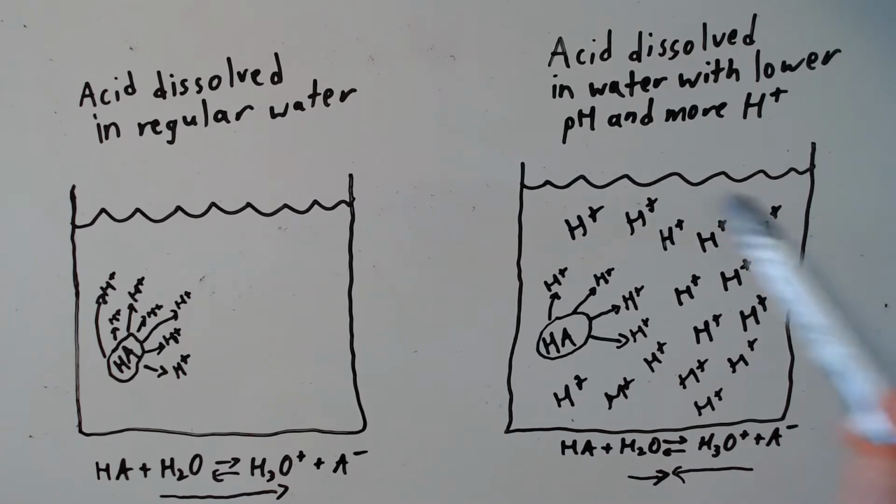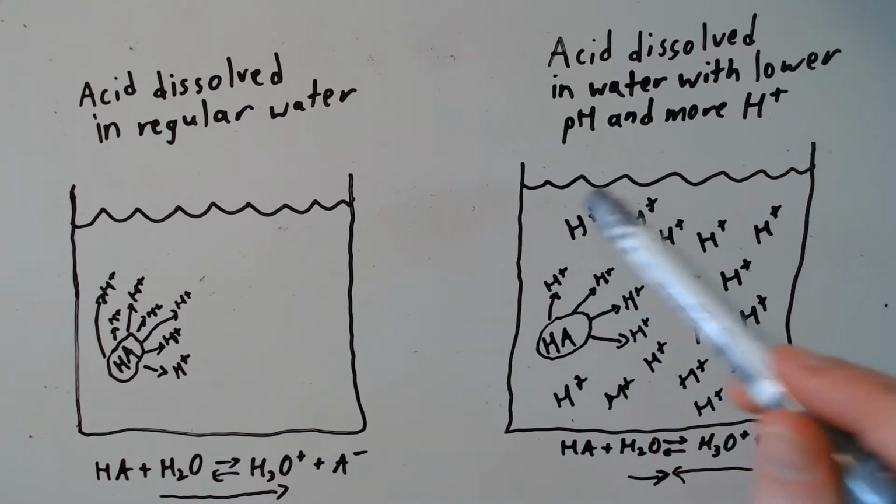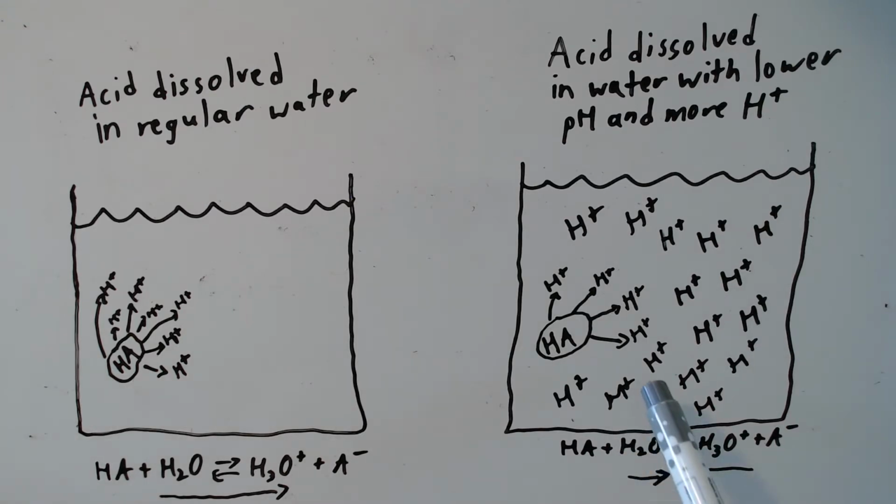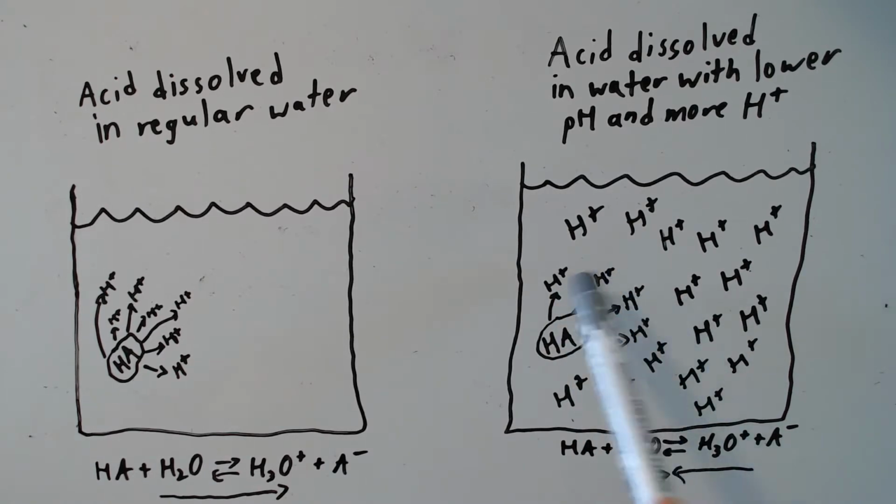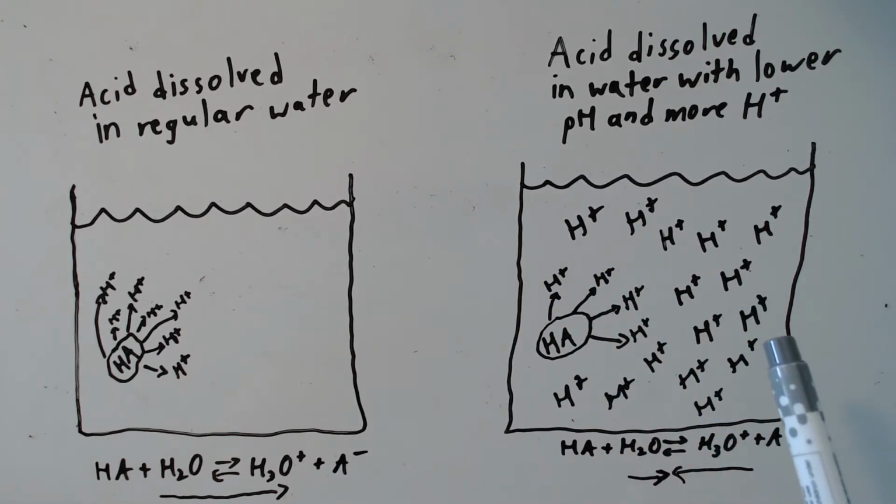If this water is already crowded with H+, the acid has a more difficult time releasing H+. It's difficult to shove more H+ into the crowd. And this forces the reaction to go more backwards, to shift more to the left.